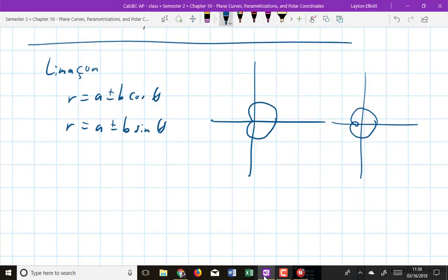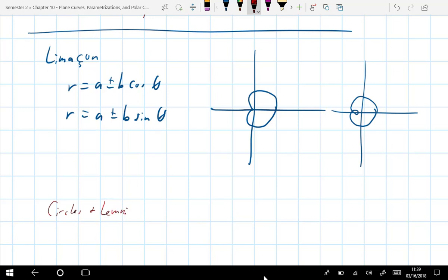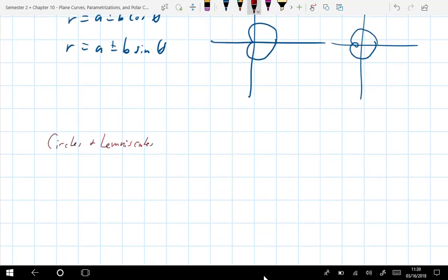Okay. The last one are the circles and lemniscates. And I'm just going to sketch these out a little bit.